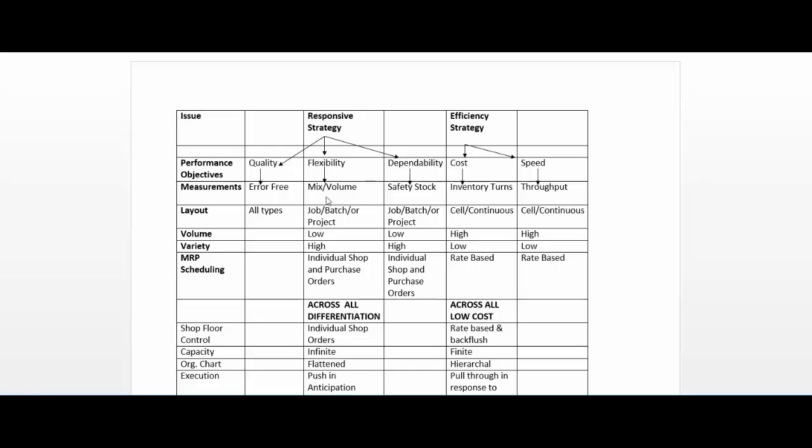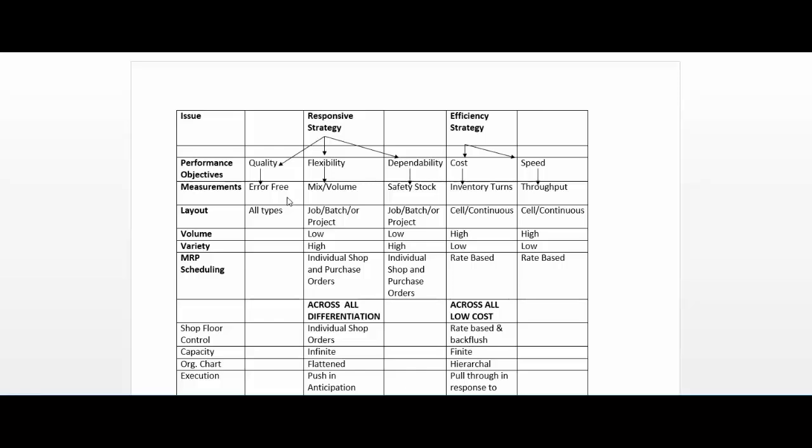Whereas in responsive, you could compete on quality, could compete on flexibility, could compete on dependability. And so some comparable measures for those might be, if I want to be dependable, my measurement might be the appropriate level of safety stock. Or if I look at flexibility, I may measure mix and volume and my ability to respond to those changes in flexibility. And then quality, of course, error free.